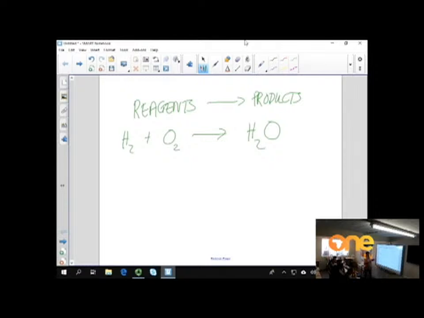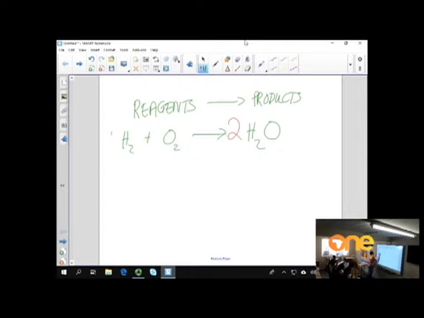So you need to get this equation balanced in such a way that everything on the left-hand side must equal everything on the right-hand side. So we go 2 hydrogens, 2 hydrogens. That seems to be okay. 2 oxygens, but here we only have 1. So I need to have large numbers in front of the elements or compounds. So now I have 2 oxygens, but what happens to the hydrogens? They become 4.